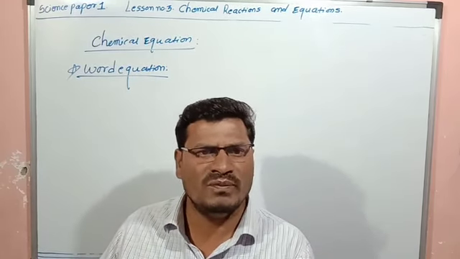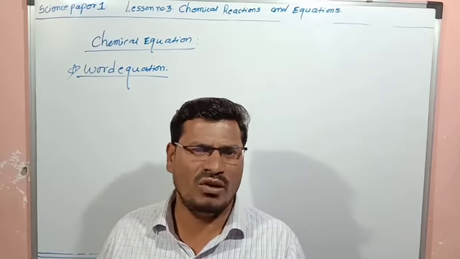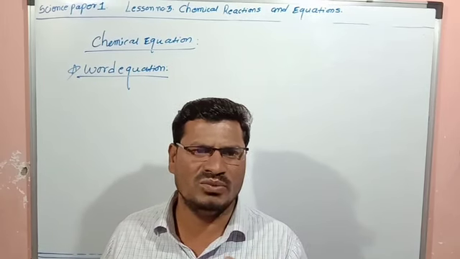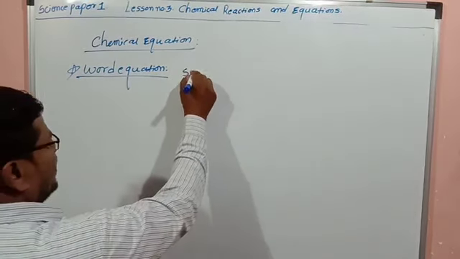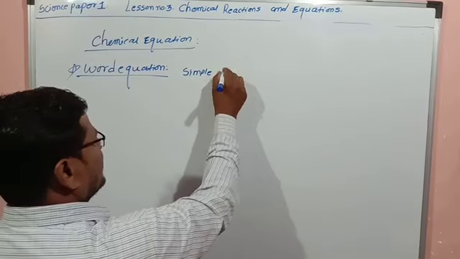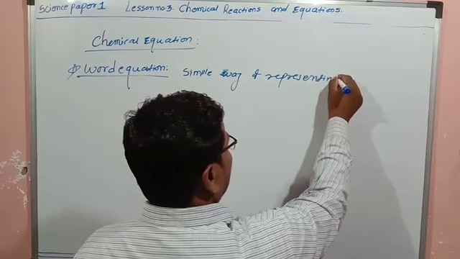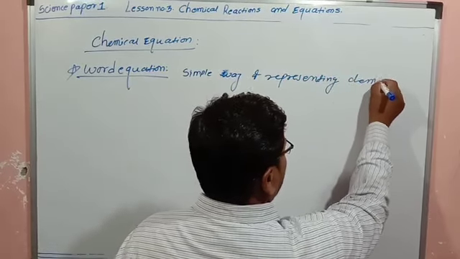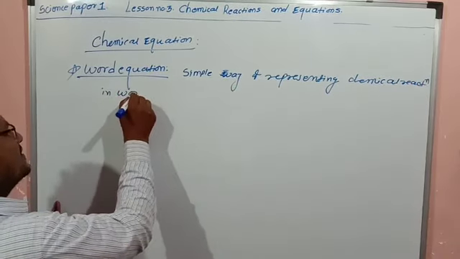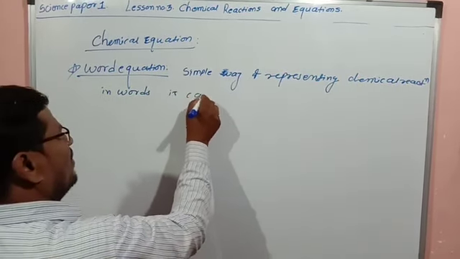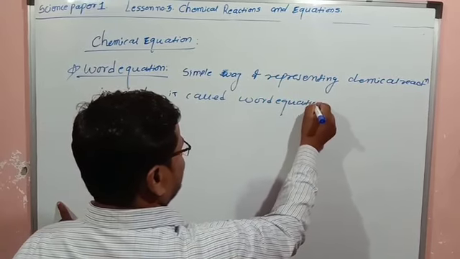The simple way of representing a chemical reaction in words is called a word equation.